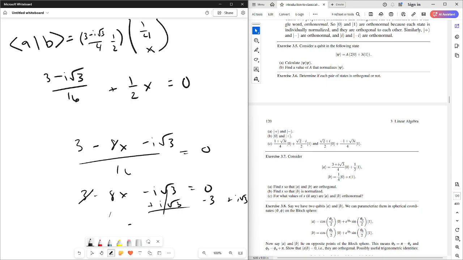So we wind up with minus 8x equals minus 3 plus i square root of 3. Move it over here and divide by negative 8.